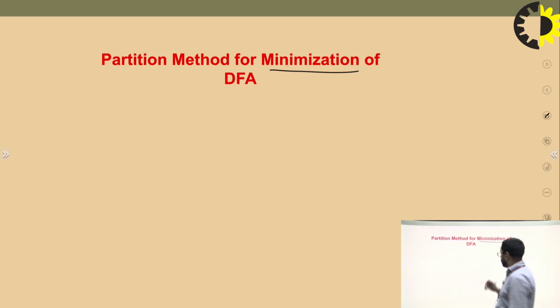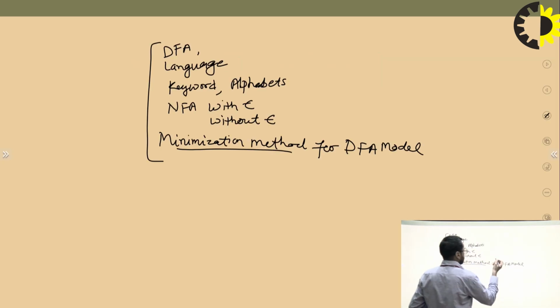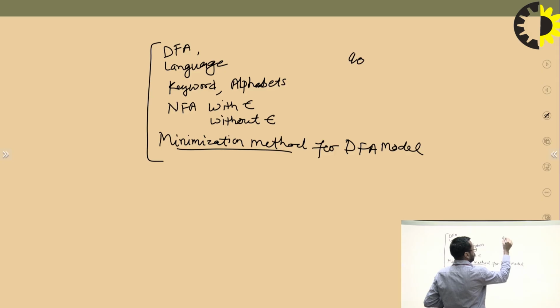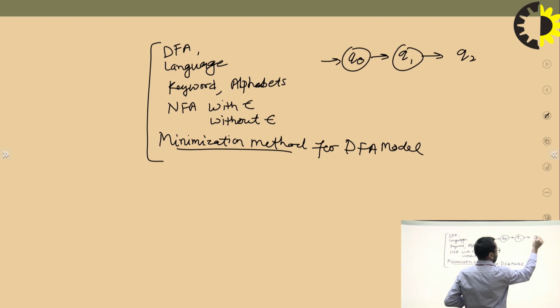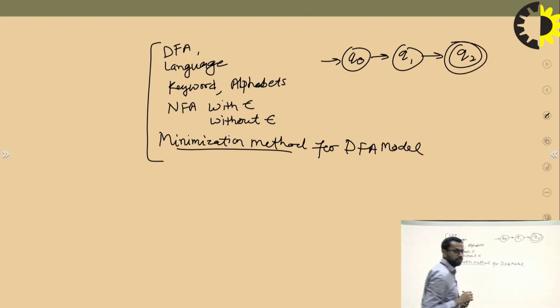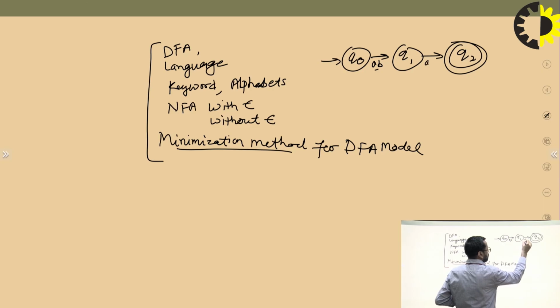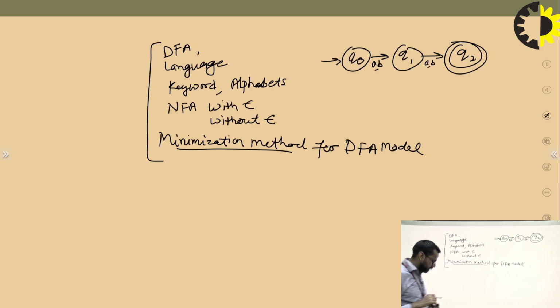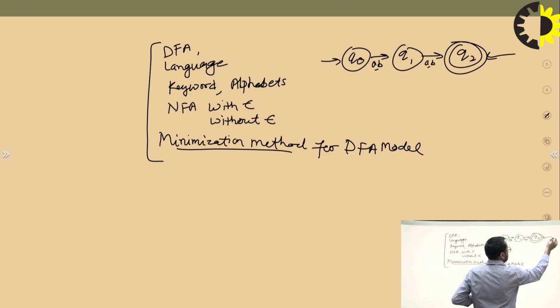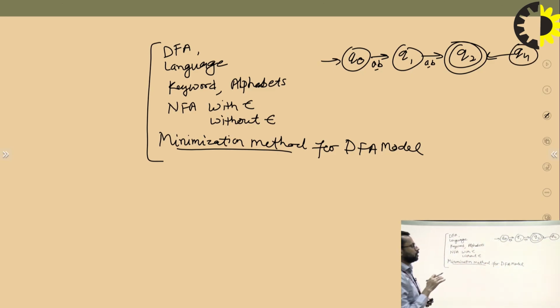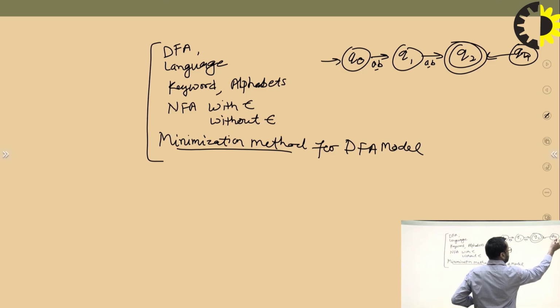Let's suppose there are three states, Q0, Q1, Q2, where Q2 is the final state and Q0 is the initial state, and we want to reduce them if any possibility exists in that particular model. Let's suppose there are four states, Q0, Q1, Q2 and Q3.